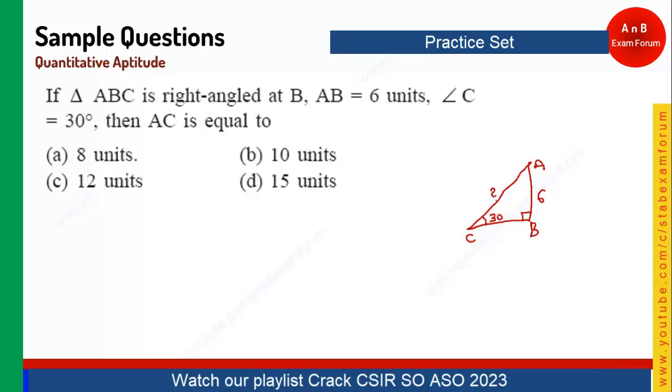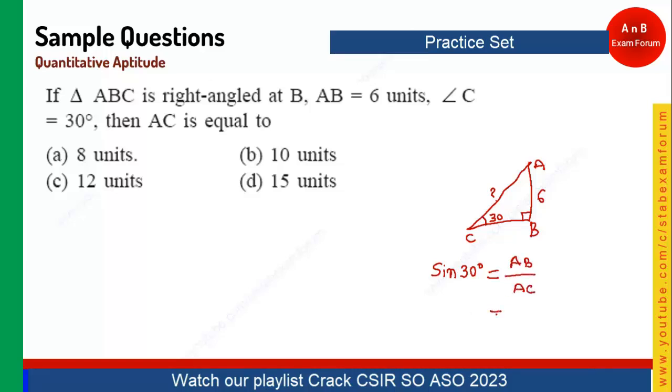A very simple one, student. You should know the formula of sine. What is sine theta or sine 30? Sine 30 degree will be equal to perpendicular upon hypotenuse. This basic formula you should know. What is perpendicular? AB upon hypotenuse is AC.